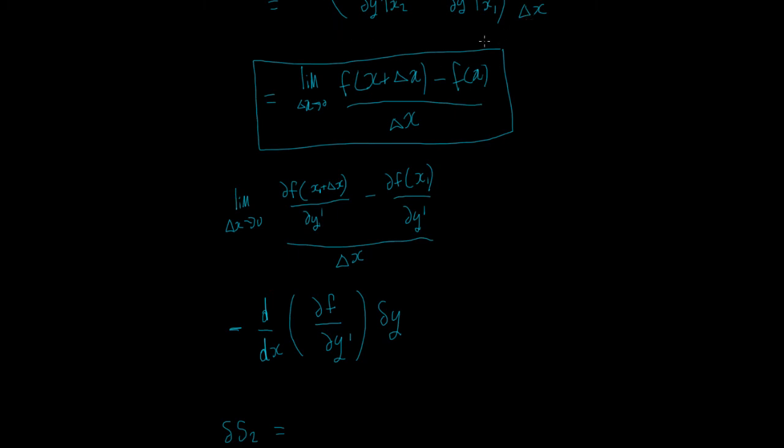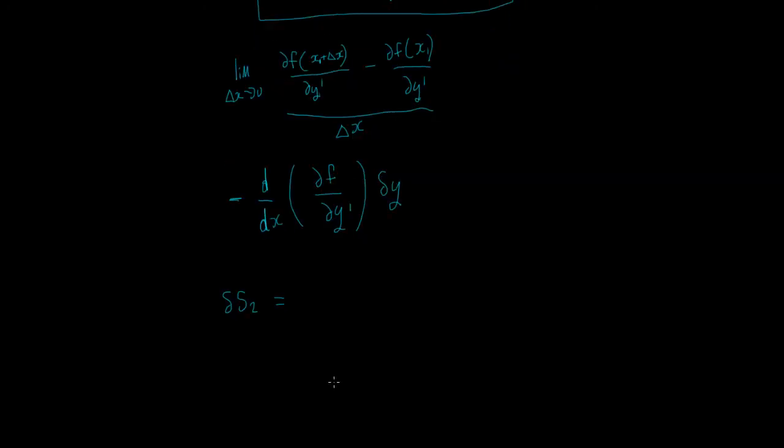That's a minus sign for here. That's the delta x coming down here. And x2 equals x1 plus delta x gives us this here, and that can be written as d by dx, df by dy derivative. We've got a minus sign, and we've got our delta y left over here as well. Okay, so that's all fair and good.